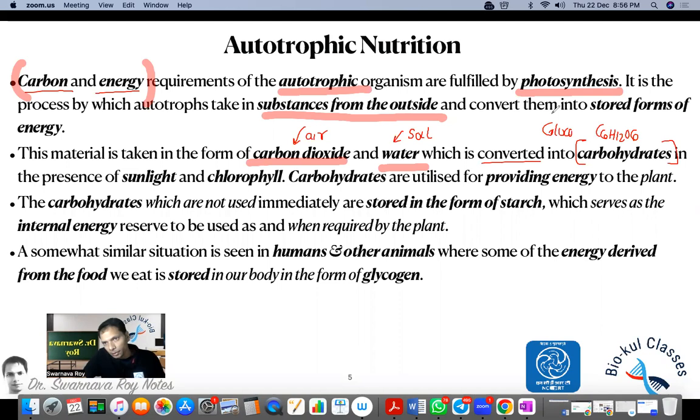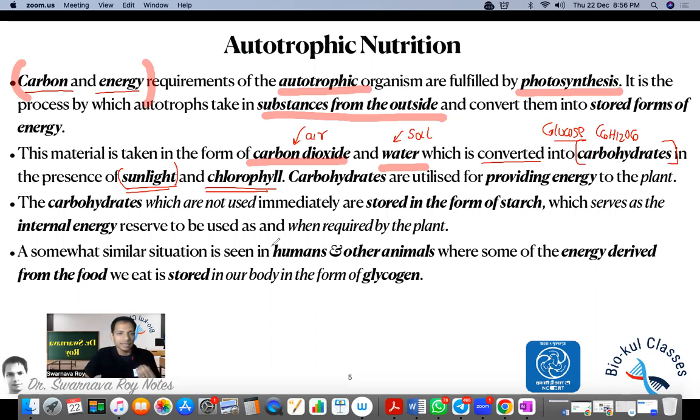And this happens by utilizing sunlight. The sunlight, or radiant energy, provides the energy for carrying out this whole process. And then we have chlorophyll. Chlorophyll are the pigment molecules which help in capturing this sunlight and converting it into chemical energy.